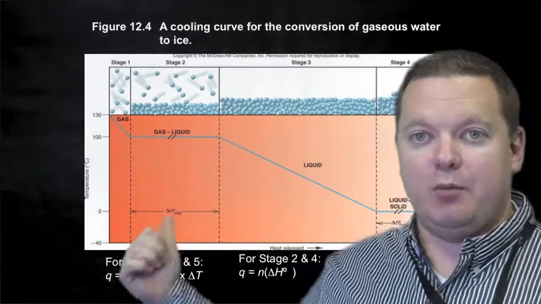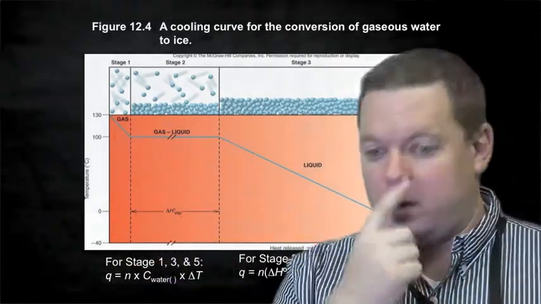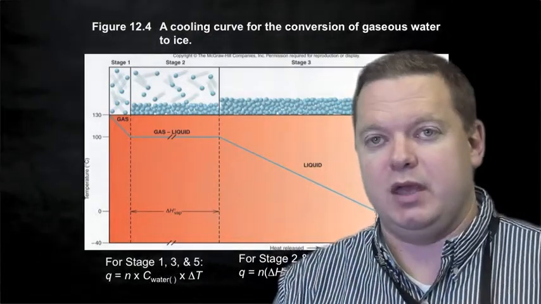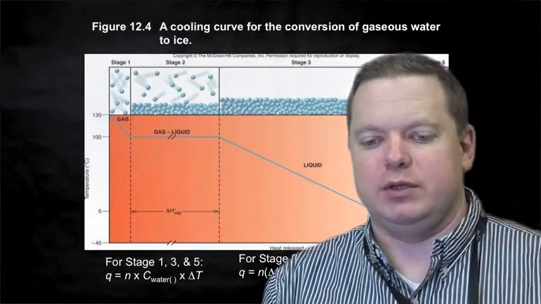So this C is going to change whether water is a liquid, a solid, or a gas. The value is going to be different, times the change in temperature that molecule is experiencing.